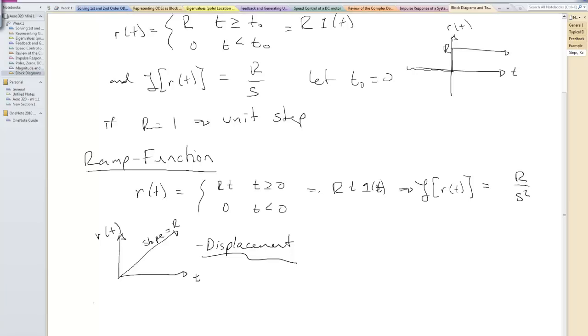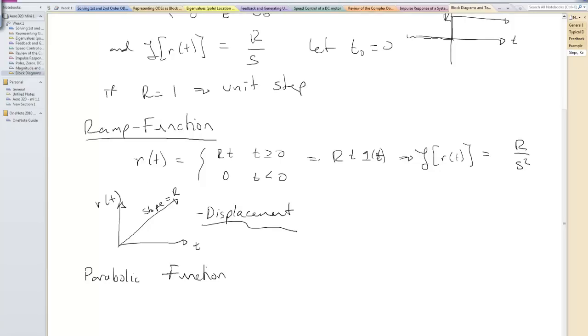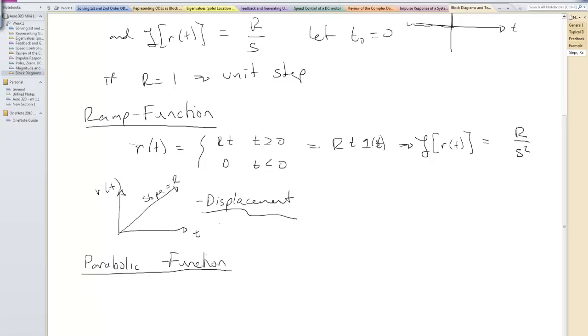Another function, we can essentially just bump up the power of t there, and we can use a parabolic input function. And if we go ahead and look at what the time domain function would be, say r of t would just be r times t squared over 2 times 1 of t.